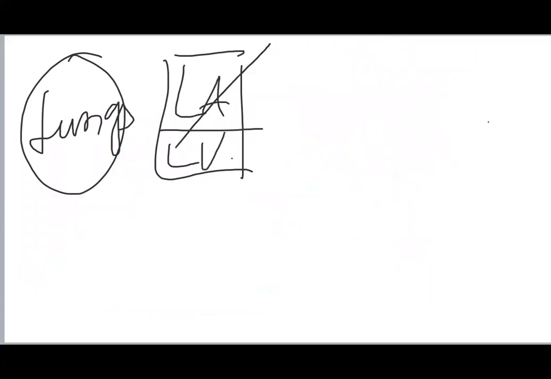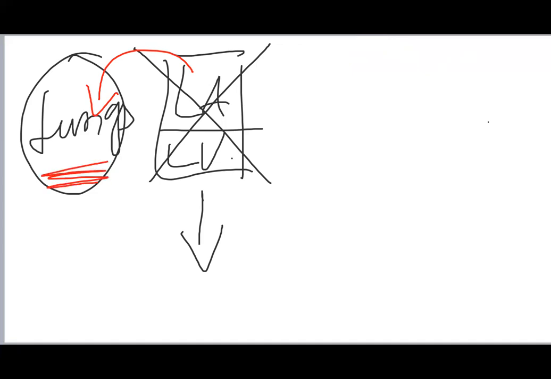If this structure here fails to pump the blood forward and out to the body, then this blood is going to back up into the structure prior to it, the lungs. That means that this lung is going to get full of fluids, right? That blood is just going to be sitting there because it's not being moved forward.